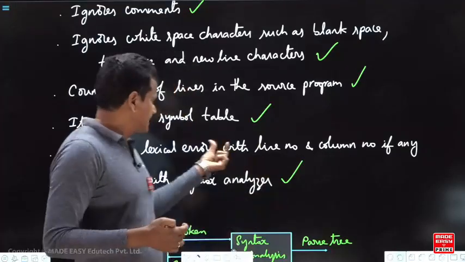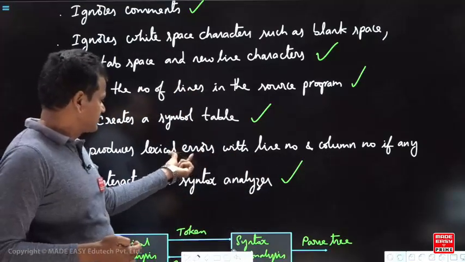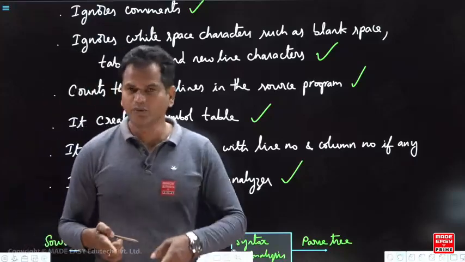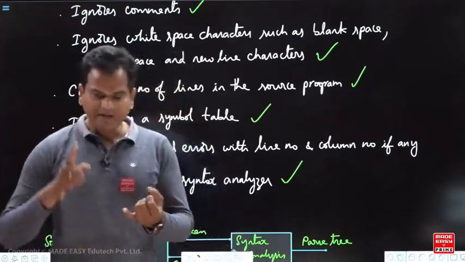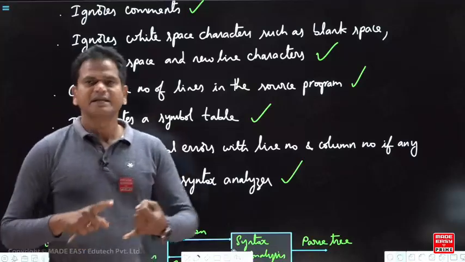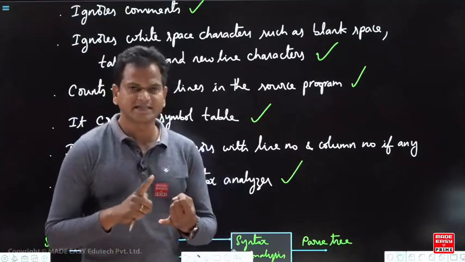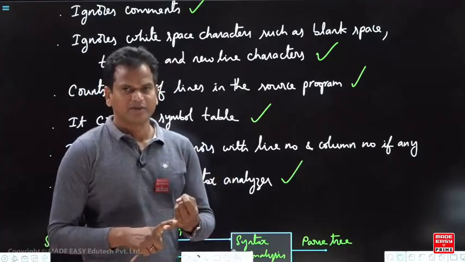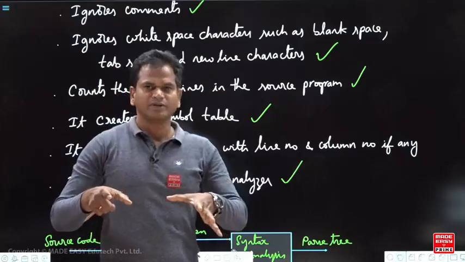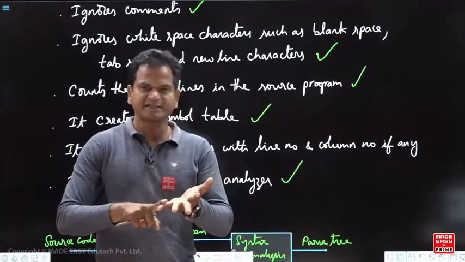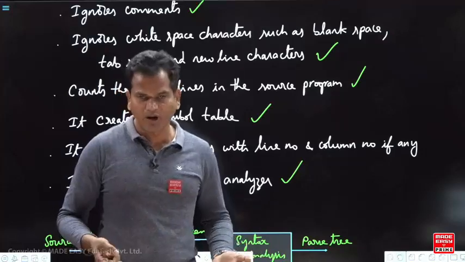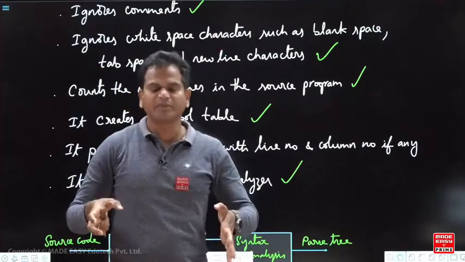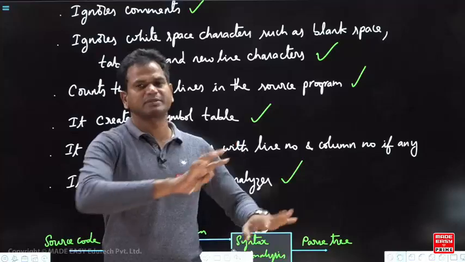After completion of this part, I will tell you what possible questions can come from this topic. A code will be given, and they will ask you whether a lexical error is there or not. Consider the following C program: what is the compiler response? Option A, lexical error, option B, syntax error, option D, semantic error. Like this they can ask you. Or consider the following C program and how many tokens will be produced by the lexical analyzer.